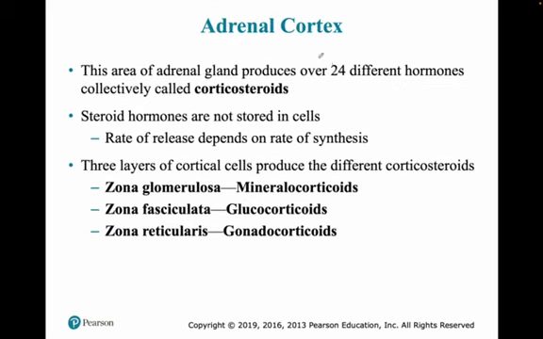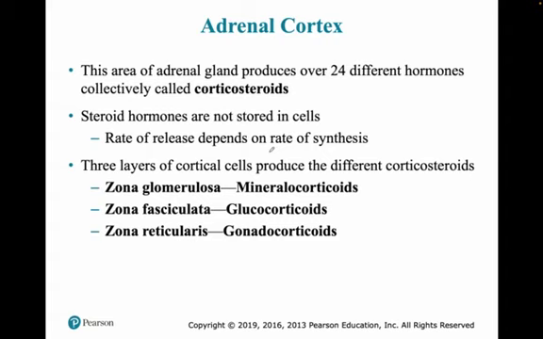So the adrenal cortex has three layers: zona glomerulosa, fasciculata, and reticularis, and each of these layers produces its own set of hormones. Glomerulosa will produce mineralocorticoids, which is a bunch of hormones.